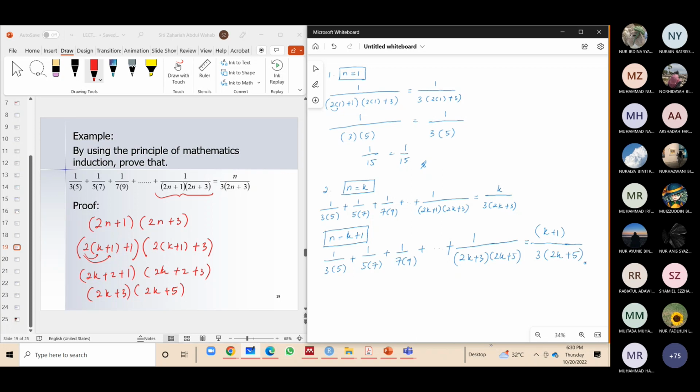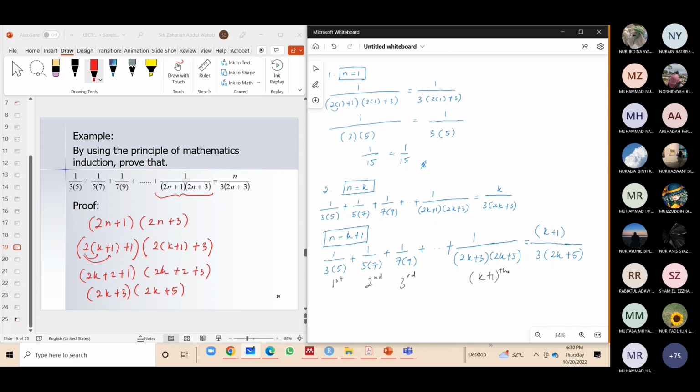Okay, until this line, can you understand? Yes, madam. Right. So now look at this equation. This is the first number, this is the second number, this is the third number, and this is the (k+1)th number.